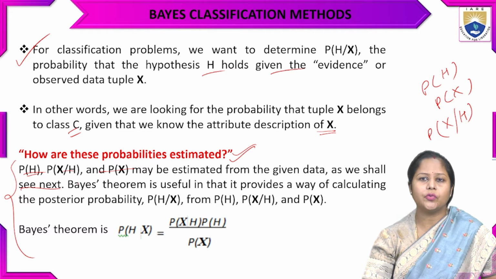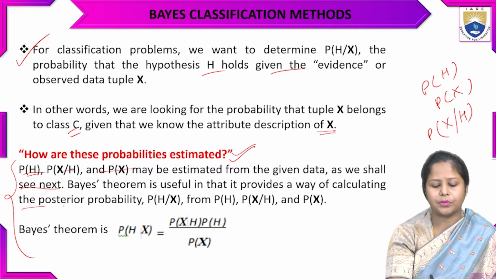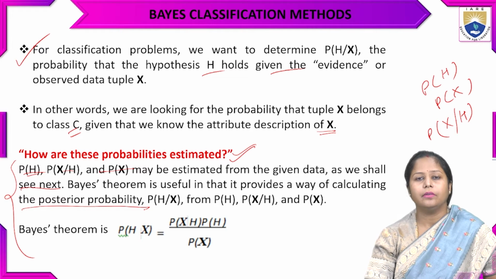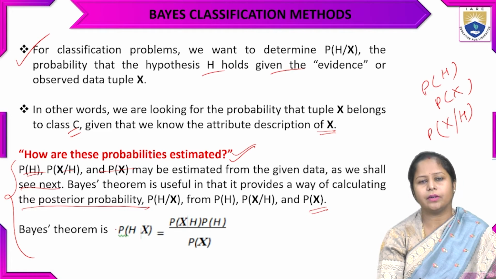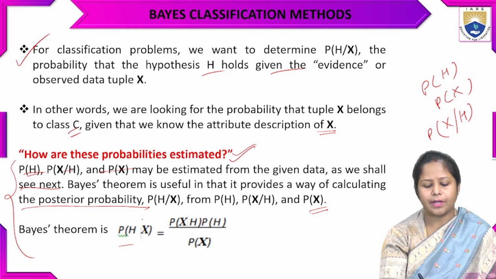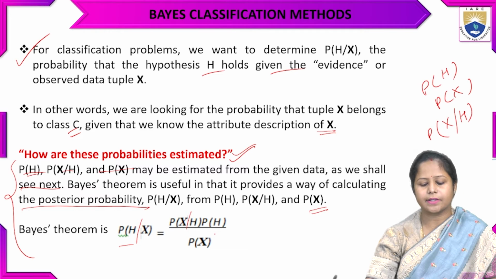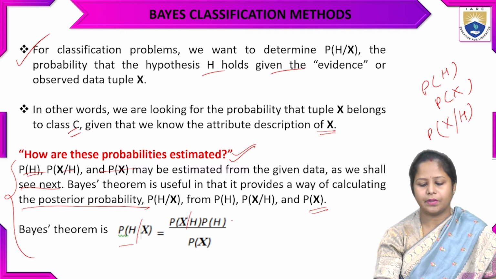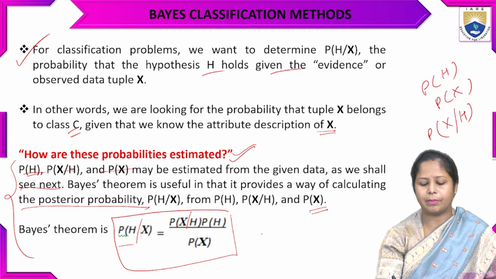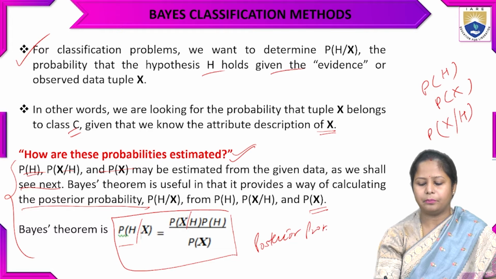Bayes theorem is useful in that it provides a way of calculating the posterior probability, P(H|X), from P(H), P(X|H) and P(X). The Bayes theorem states that P(H|X) = P(X|H) P(H) / P(X). That is the posterior probability.